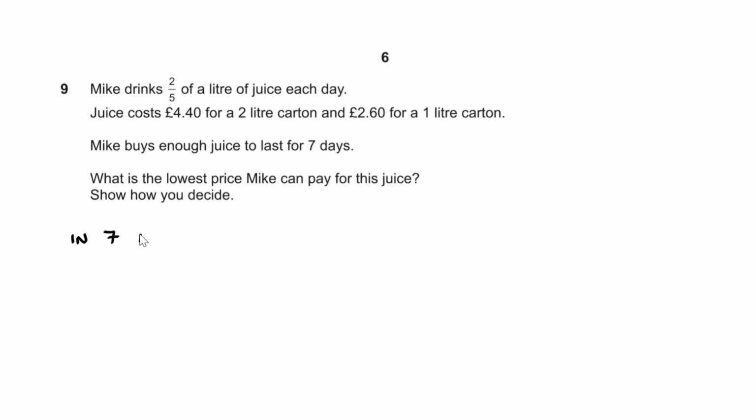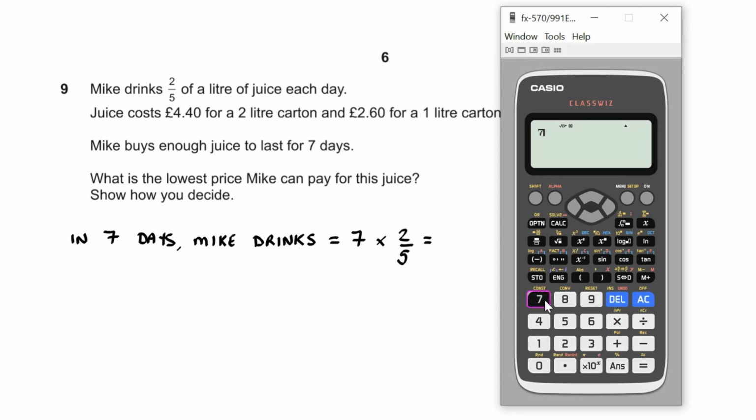Well, first of all, in 7 days, Mike drinks 7 multiplied by 2/5. So if we work this out, 7 times 2/5 is 2.8.